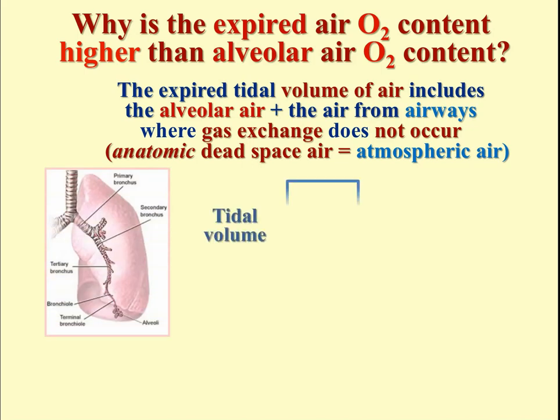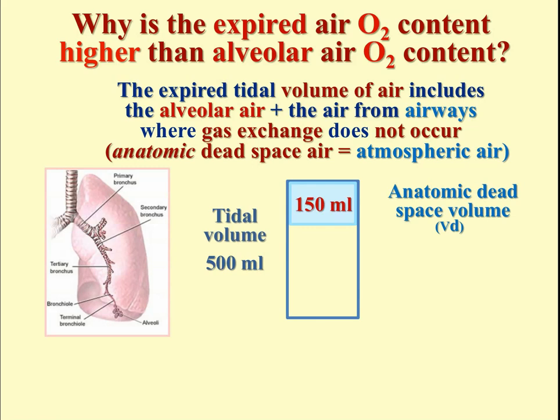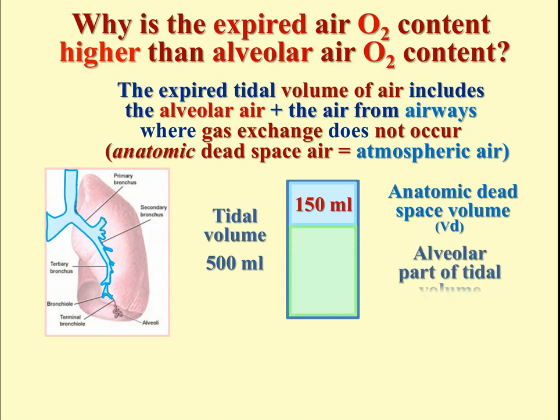Let's see, each tidal volume consists of the dead space volume, about 150 milliliters, and this air fills the airways. Then the remaining portion goes into alveolar space. Then expiration results in release first of this 150 milliliters of the dead space air, and only last portions come out of the alveolar space.